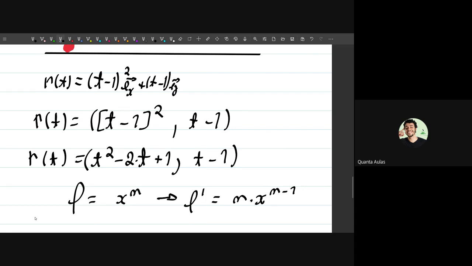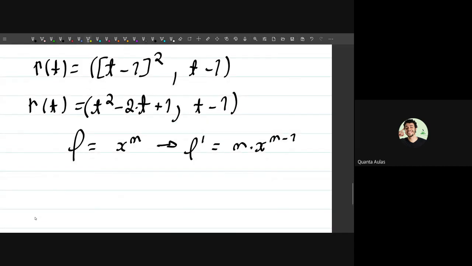So for our situation, for example, here we have t squared. We can do this derivative of t squared. Our n is 2, the number 2.